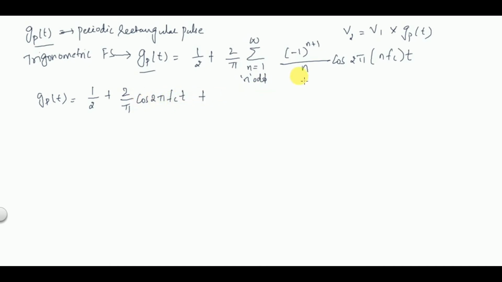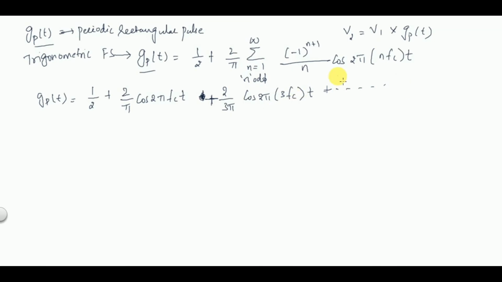Now substituting n equal to 3, this will become minus 2 by 3 pi cos 2 pi into 3 fc into t. Okay, because n is only odd, we have to substitute only odd values, that is 3 next. For n equal to 3, 3 plus 1 is 4, so sorry, it will be plus, plus 2 by 3 pi cos 2 pi 3 fc into t, plus and so on.